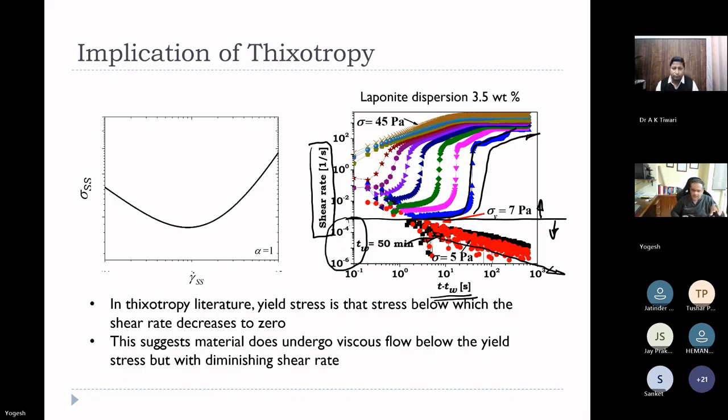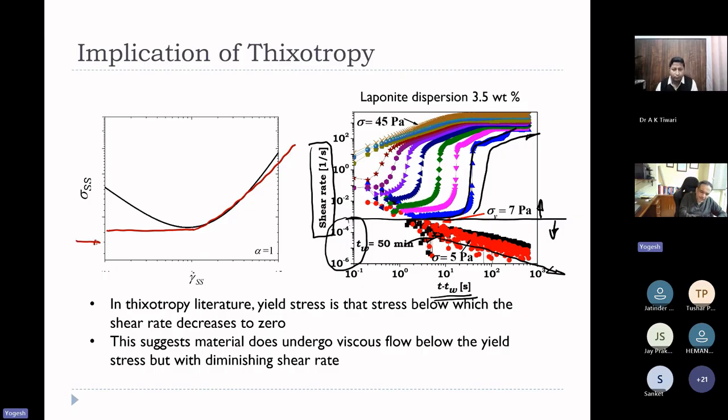All right. If you compare this with Bingham flow behavior, then Bingham behavior looked actually something like this. For Bingham material, there was a constant value of stress in the limit of low shear rate, and then it started increasing like this. All right.